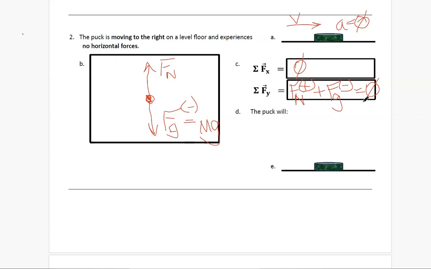Newton's first law tells us if the puck was at rest and there are no forces, it'll remain at rest. It also tells us if the puck is moving at a constant velocity and there are no forces on it, it will continue moving to the right as it was. So the puck will continue moving to the right.